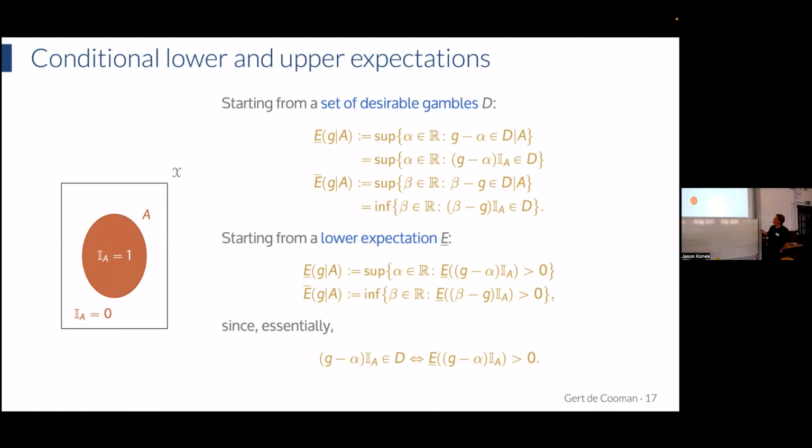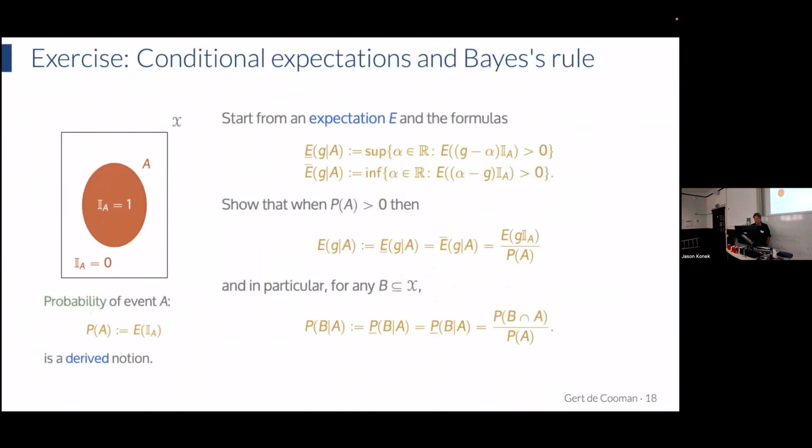So this strictly desirable here means that the expectation of this called-off gamble must be strictly positive. So if I have a lower expectation, I can define a conditional lower expectation in this way. No problem. Those are the formulas. There's not much to say or to see there. You can just use them to calculate conditional lower and upper expectations.